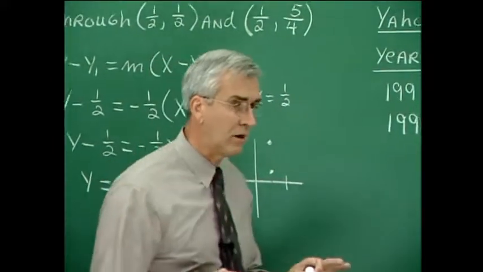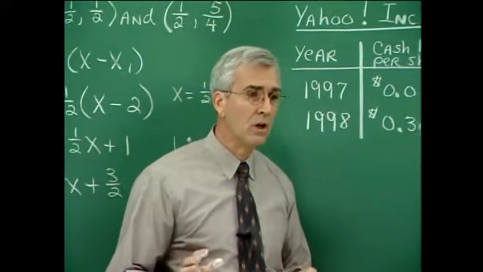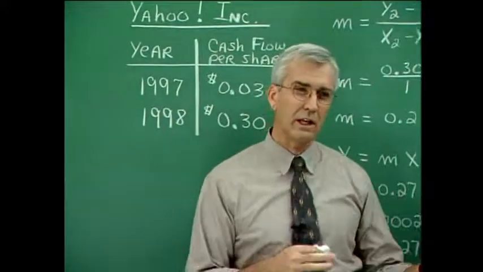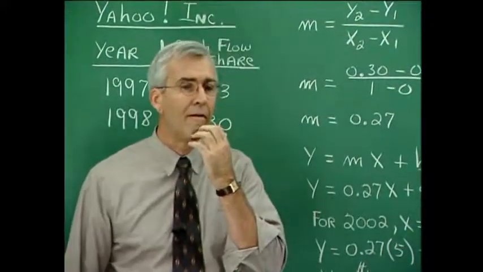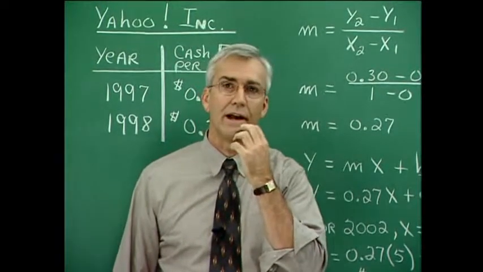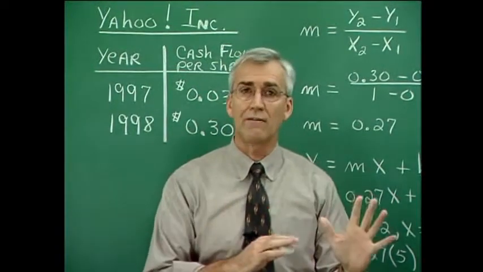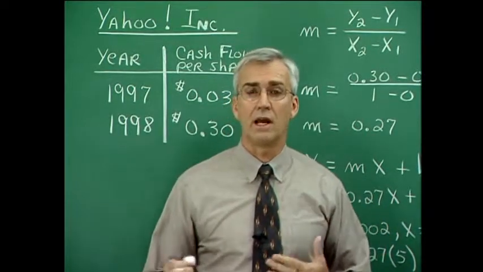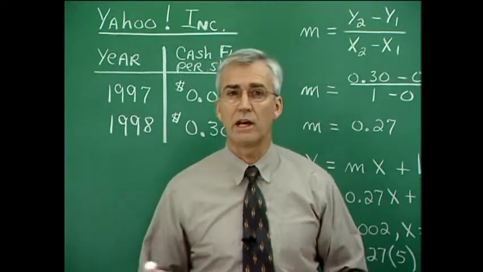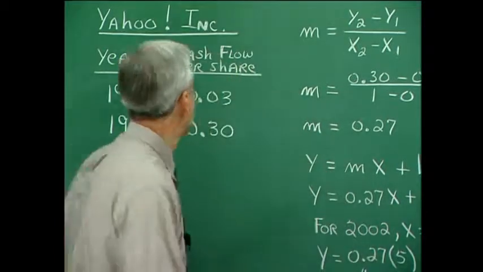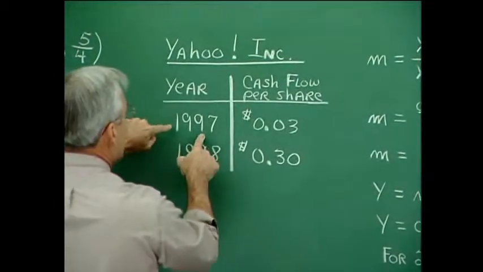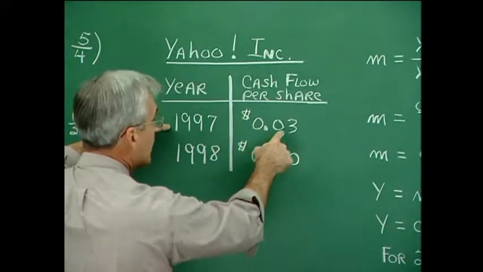Now let's talk about, just for a moment, the usefulness of slope. We looked at an equation a little while ago, but I want to show you a different kind. It's one where we take graphical information and we generate an equation, and then we make an interpretation about a question. For instance, Yahoo Incorporated in the year 1997 had a cash flow per share of 3 cents.